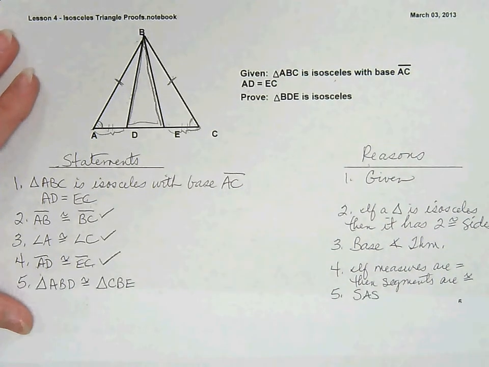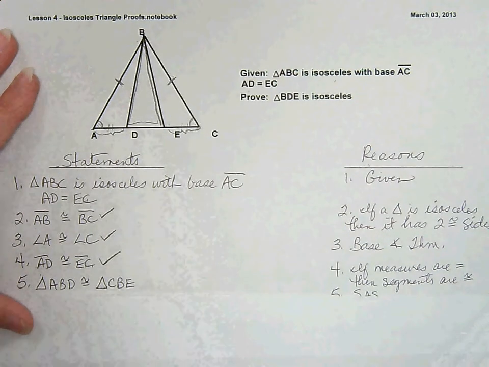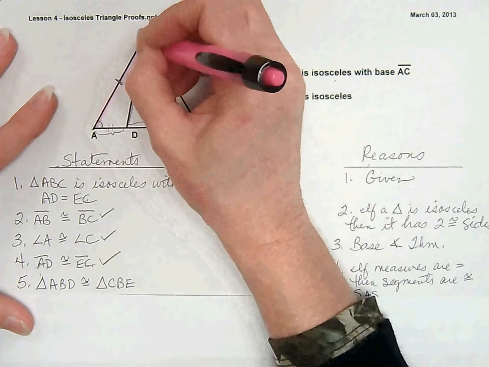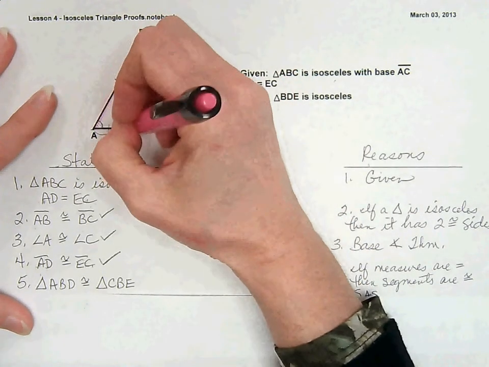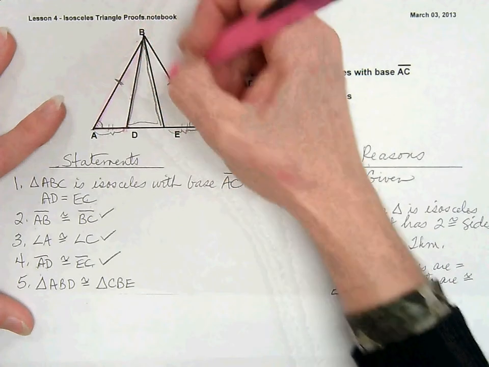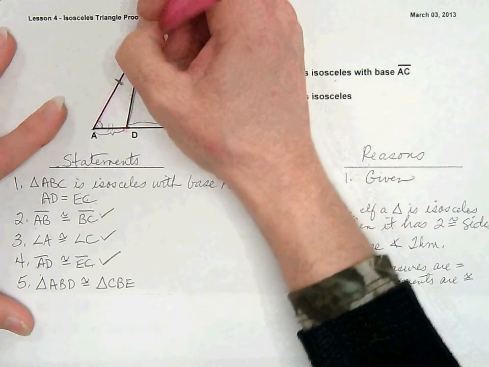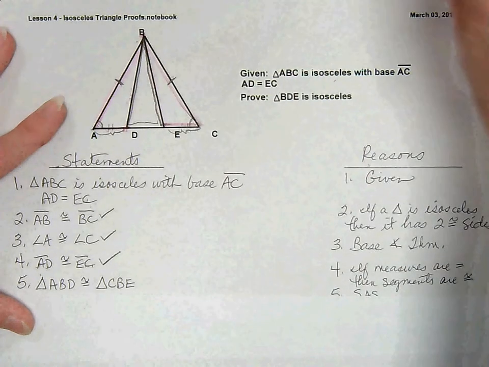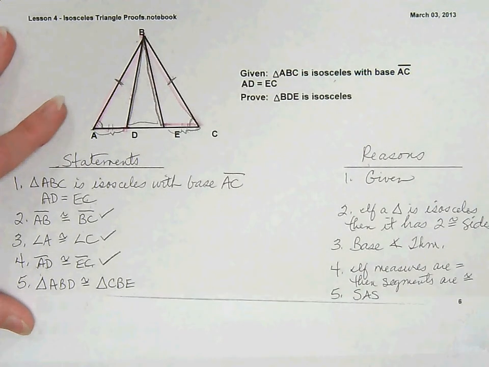So now we can state that those two triangles, ABD and triangle CBE, are congruent by using the side angle side.